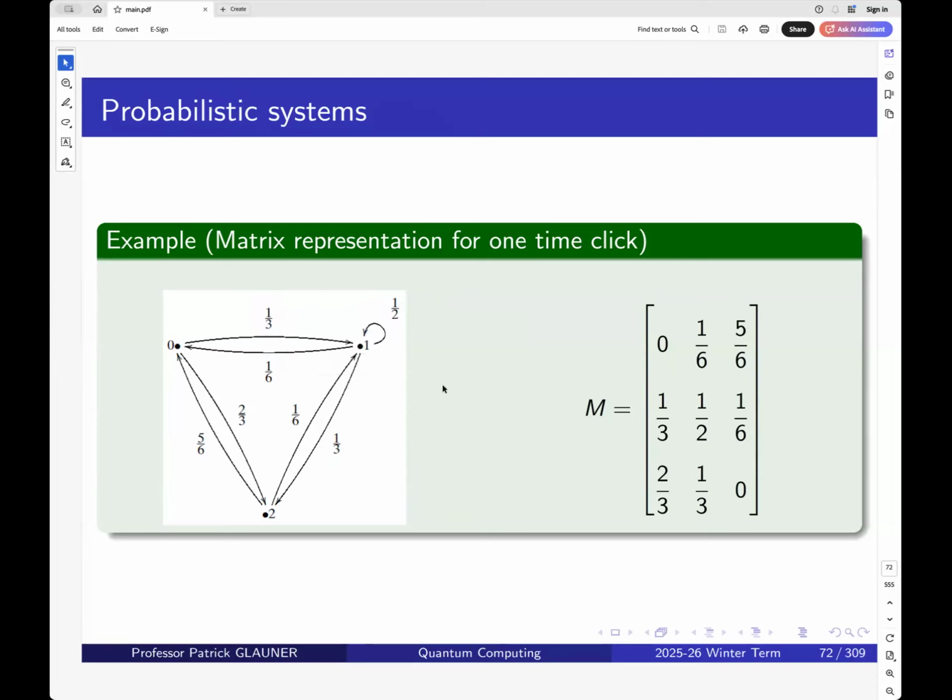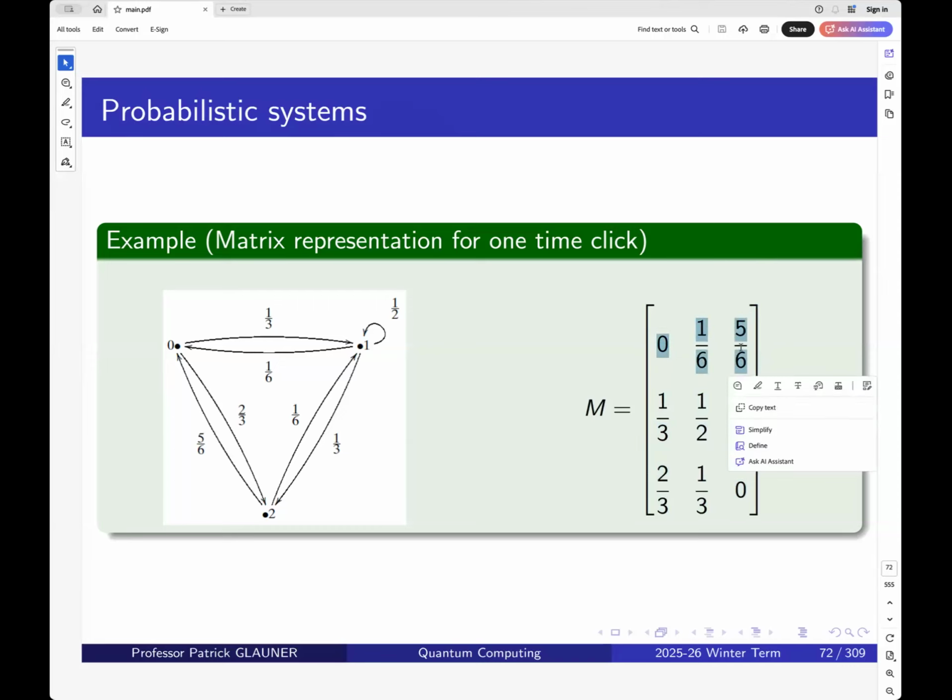So we see all of this leads to this matrix here, which represents the dynamics. And this matrix is a so-called doubly stochastic matrix. You'll see the term very soon in the slides. In a doubly stochastic matrix, we require that the sum in each row and the sum in each column must be 1.